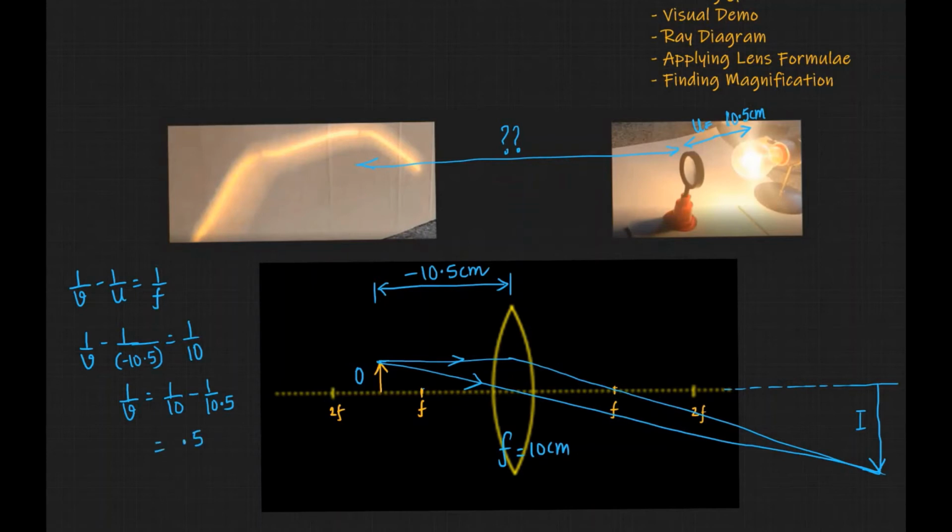That's 0.5 divided by 105, or v would be equal to 210 centimeters. So that's v, image distance is 210 centimeters.